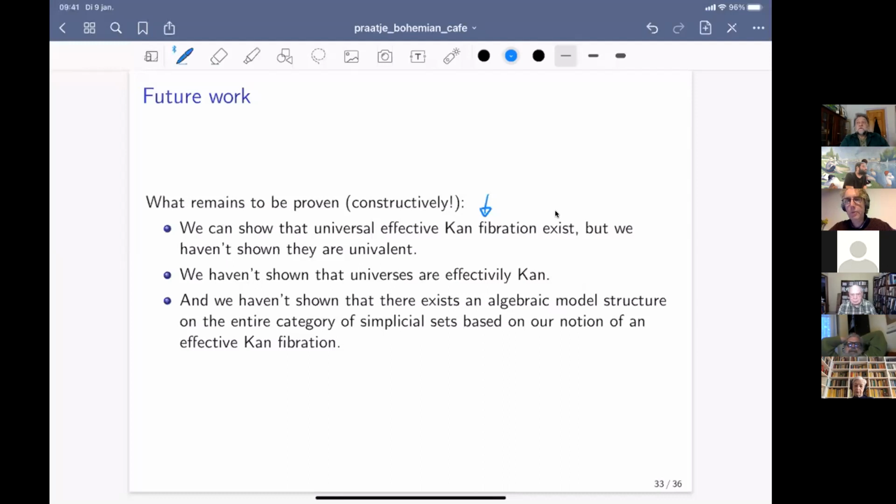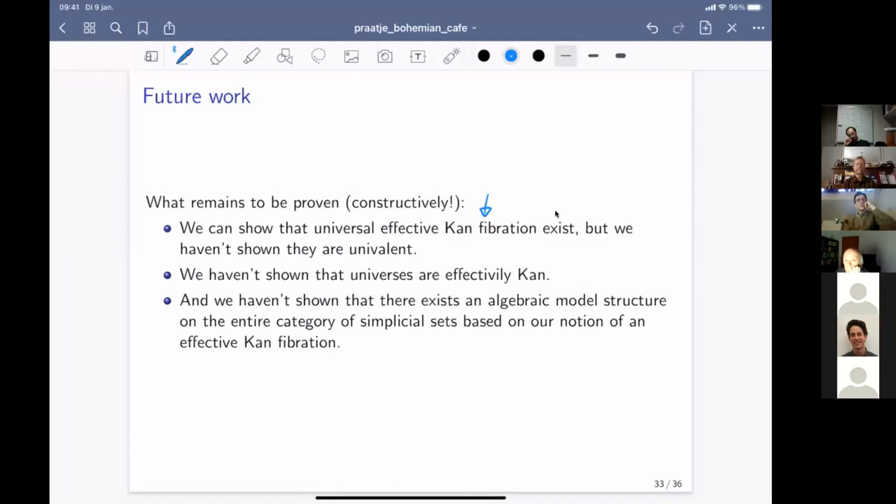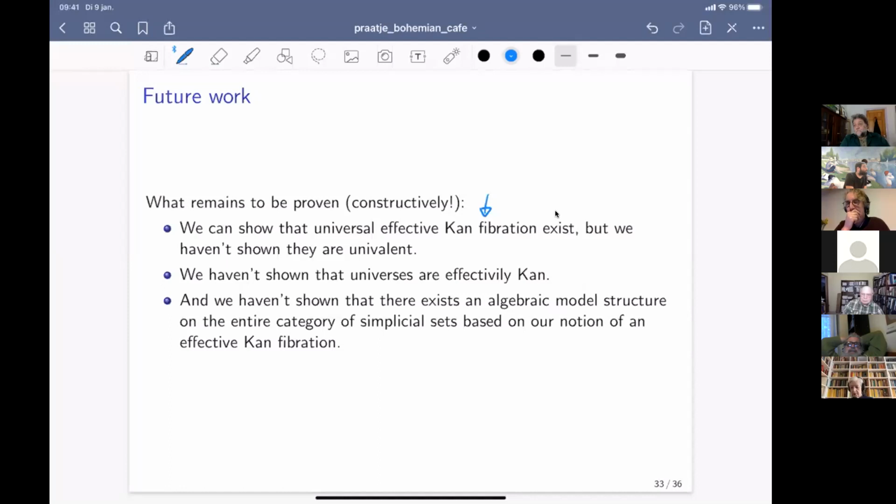Another thing which might be interesting to see explained is where precisely do you avoid this Bezem-Coquand paradox? Because they essentially constructed Kripke models where the Kan fibrations are not closed under exponentiation.